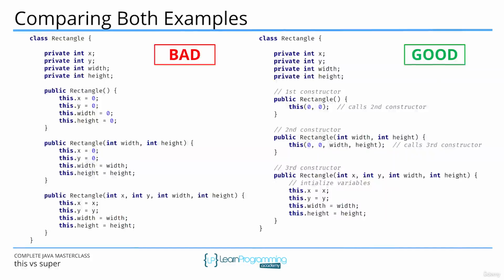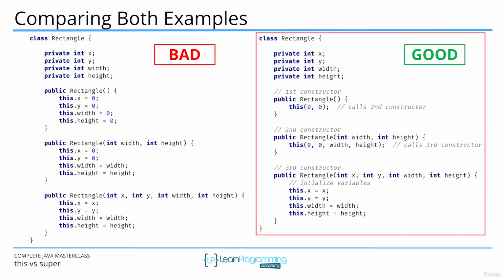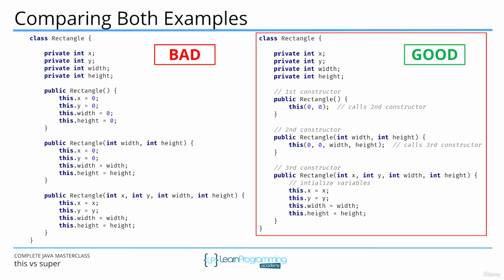Alright, so looking at both examples on screen now. On the left-hand side again, this is a bad example of constructors. On the right-hand side, I've got a good example. Again, the problem with the left-hand side is the duplicated code. So as you can see, all three constructors on the left-hand side are initializing the variables. Now contrast that with the solution on the right-hand side.